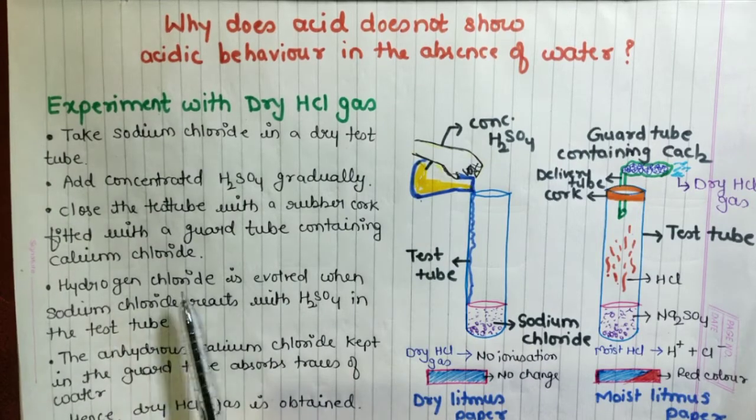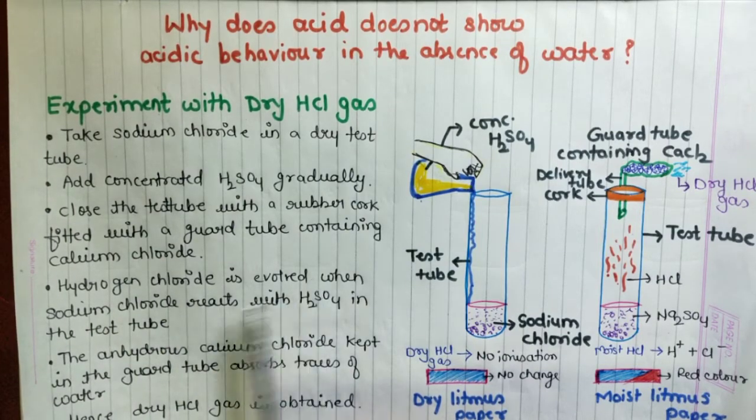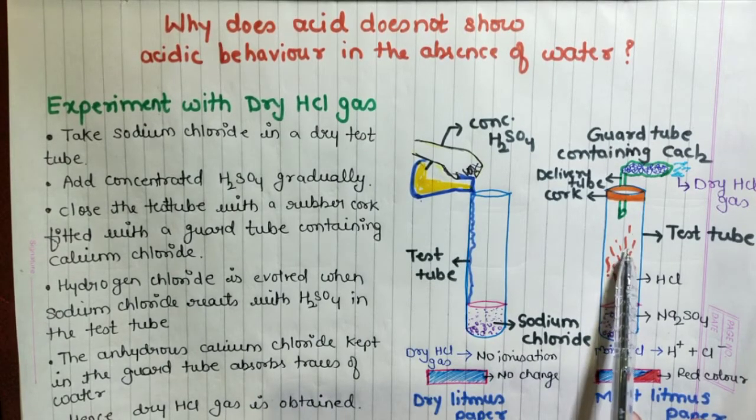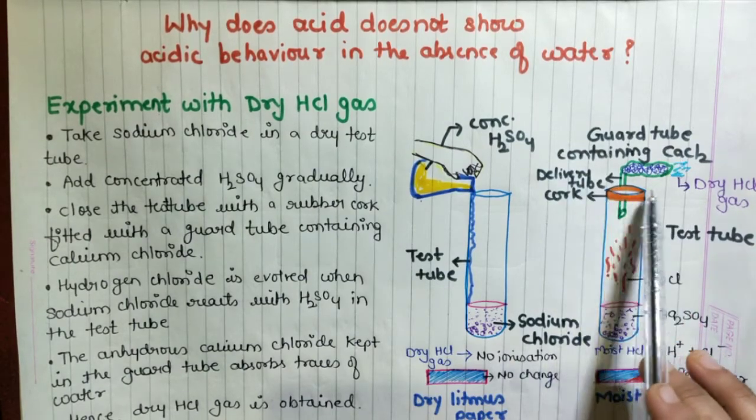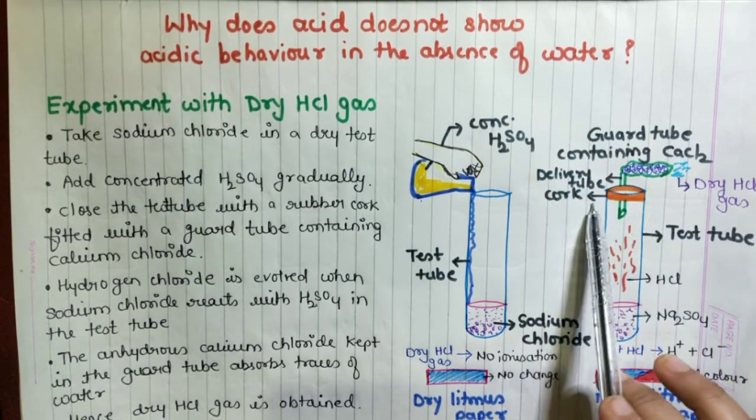Now the hydrogen chloride is evolved when sodium chloride reacts with H2SO4 in the test tube. The anhydrous calcium chloride kept in the guard tube absorbs traces of water. That means the HCl which is produced here will be collected through the guard tube. Why have we attached this guard tube along with the cork?